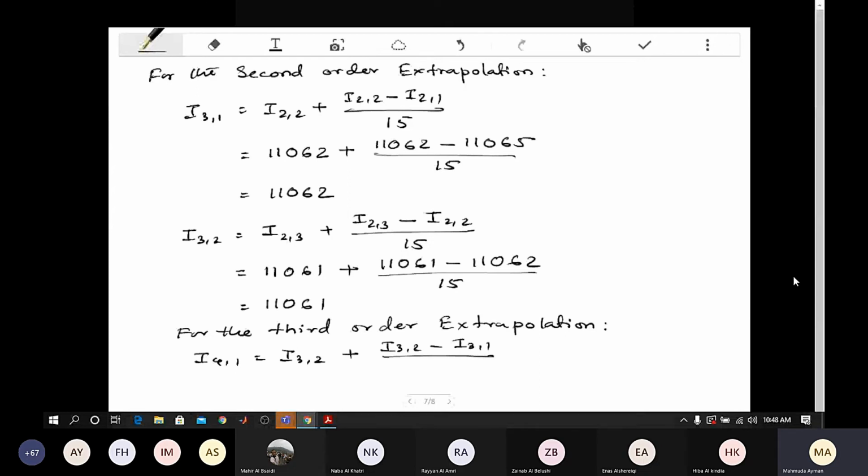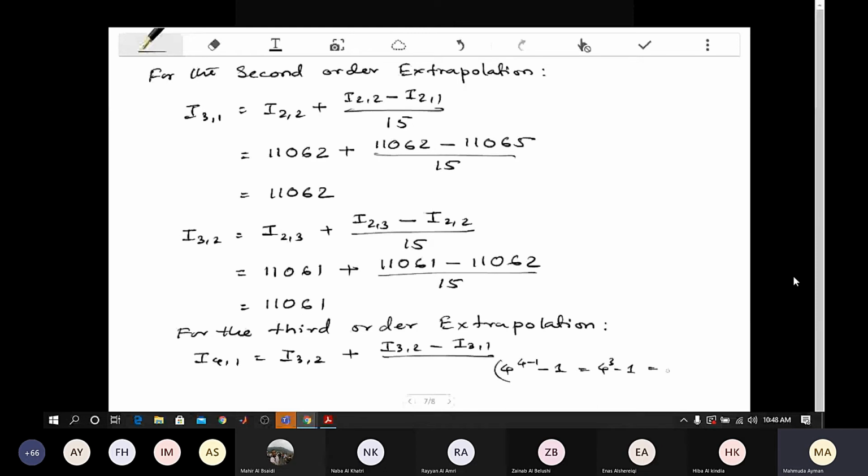Let me ask you, what is the value here? What did you all get? 63. Great. Yes. So we have 4 to the power 4 minus 1, that is 4 to the power 3 minus 1, which is 63.